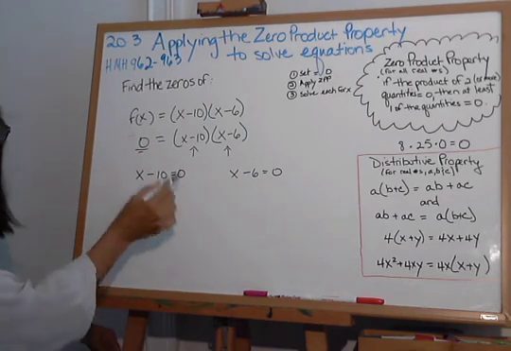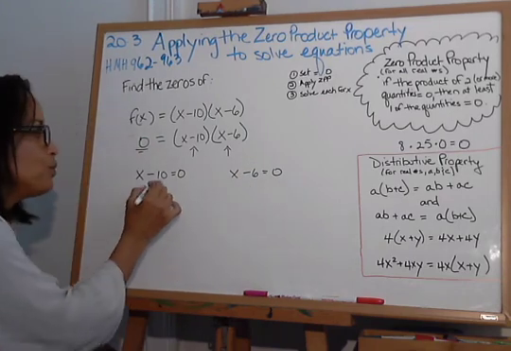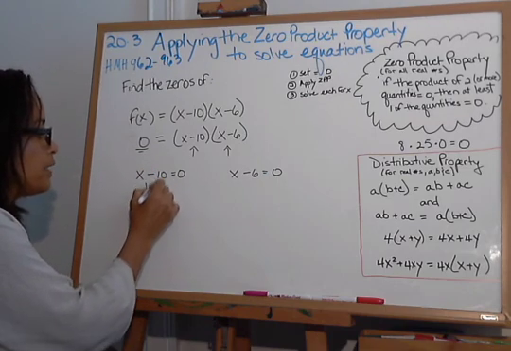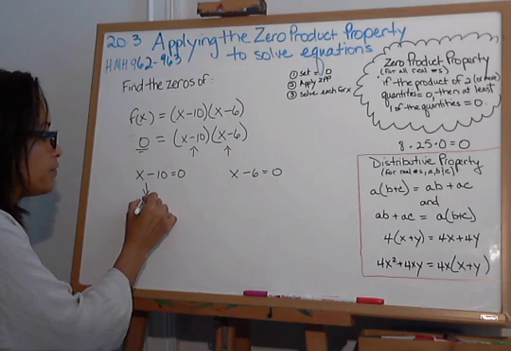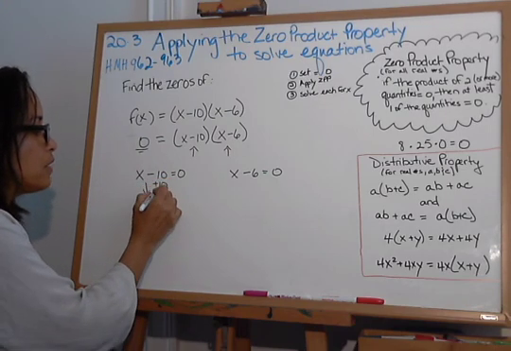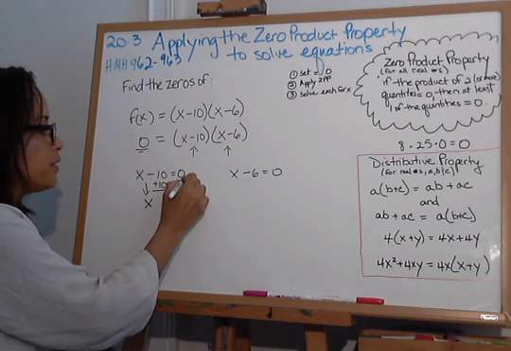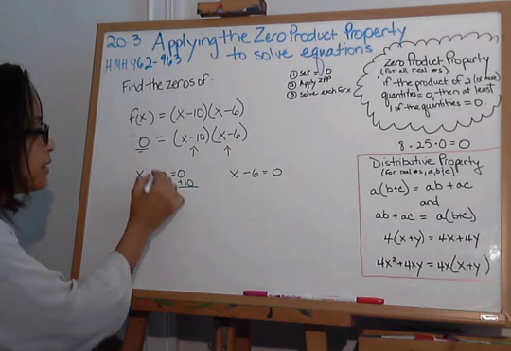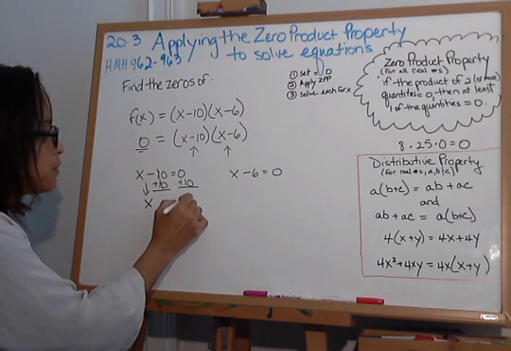To solve this equation, this should also be a review, I have to get x by itself. To get rid of the negative 10 on this side, I do the inverse operation, which is add 10 to both sides. So negative 10 plus 10 cancels off, gives me positive 10.